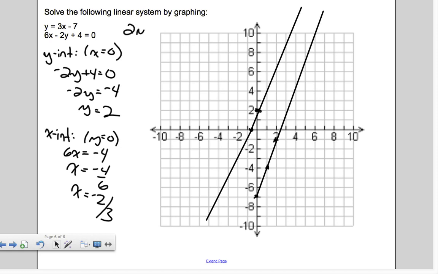This is really -2y equals -6x minus 4, so y is equal to 3x plus 2. What do you know about the slopes? They're the same. So when we get two equations with the same slope, we have no solutions. That's what we're trying to demonstrate here. Okay?